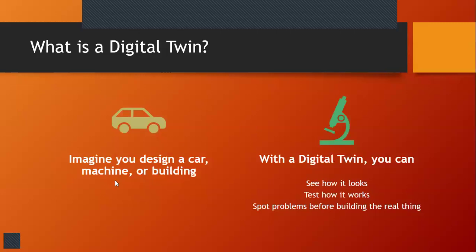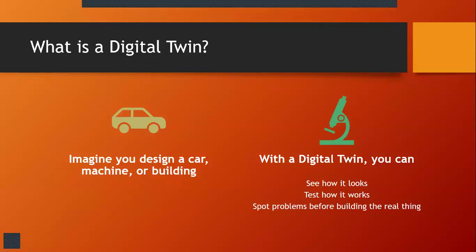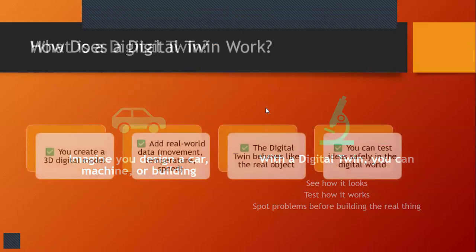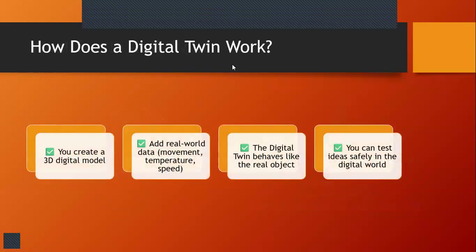Imagine you design a car, machine, or building. With a digital twin, you can see how it looks, test how it works, and spot the problems before building the real thing, right? It's a very nice, very advanced cutting edge technology which is used in the world. So I have given the steps, guys.